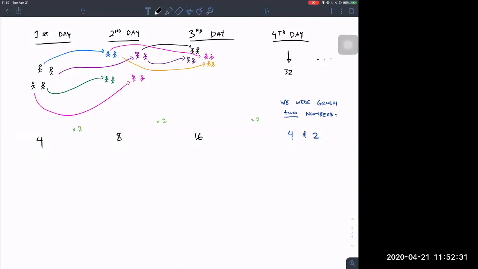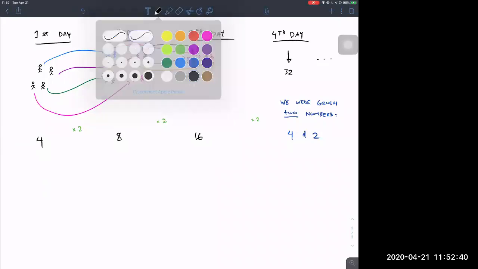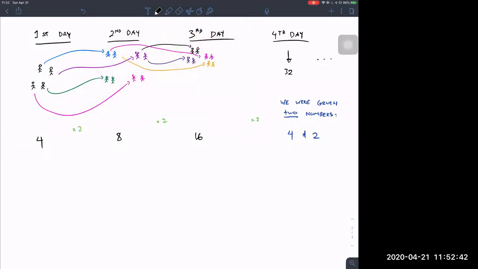So my question for you is that now that you kept in mind the two numbers that you were given and how we have increased each time, is there a way to represent the numbers 4 and 2? You know what, let me write this in navy so I can match. 4 and 2, 4 and 2, 4 and 2.